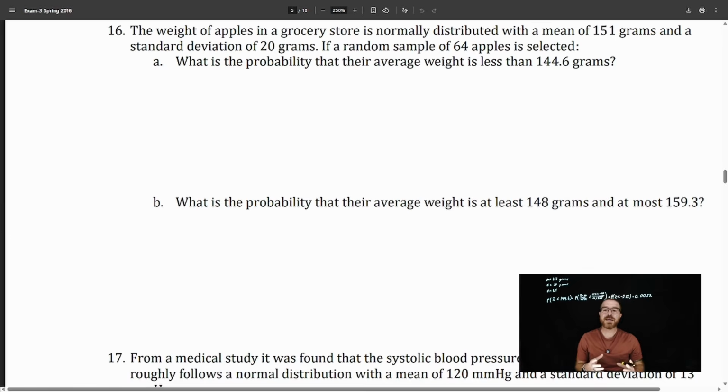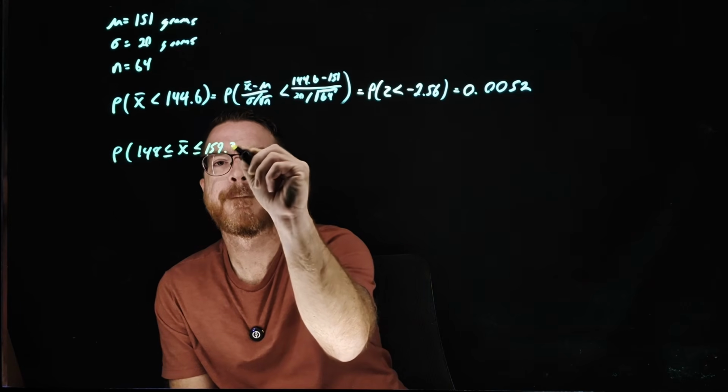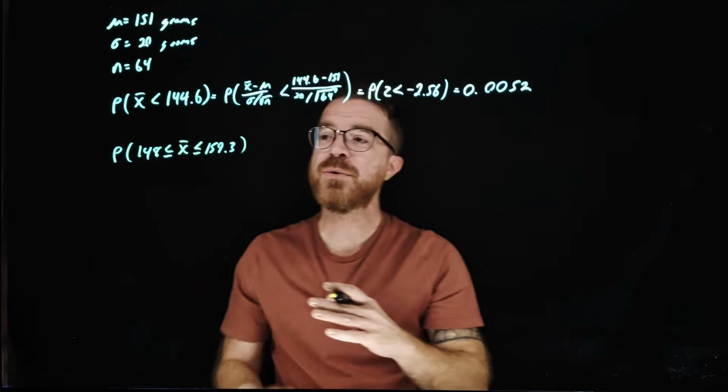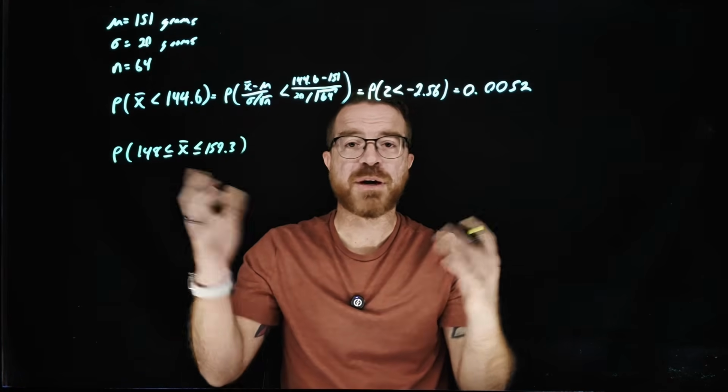Part B asks, what is the probability that the average weight is at least 148 grams, and at most 159.3. So now what I'm going to do is, just like before, do my transformation.